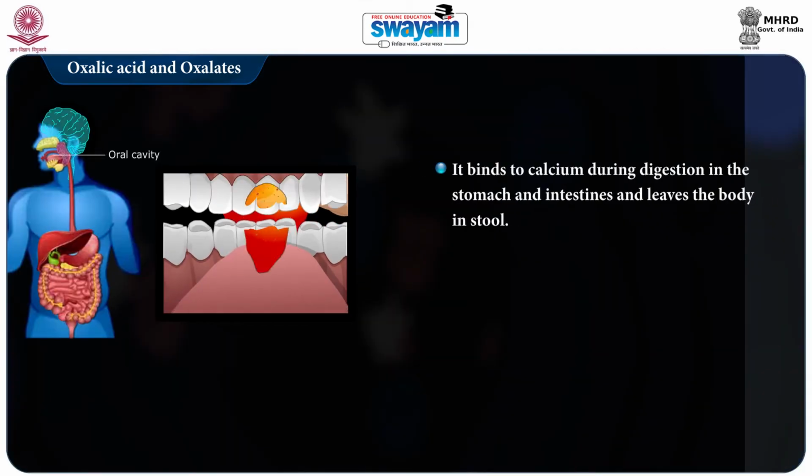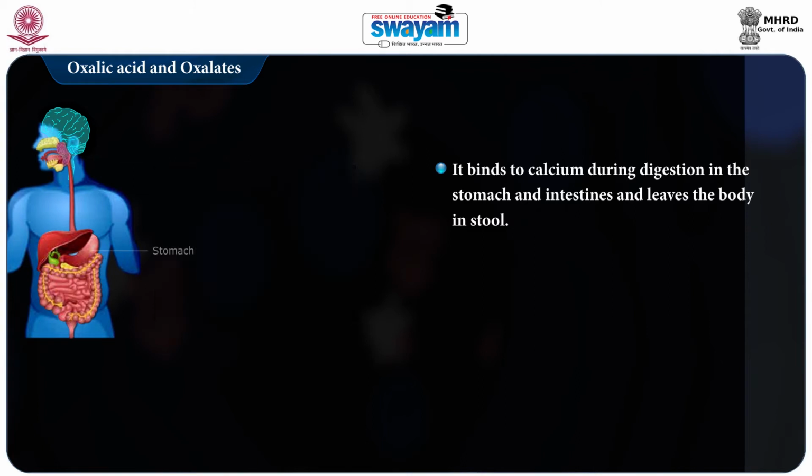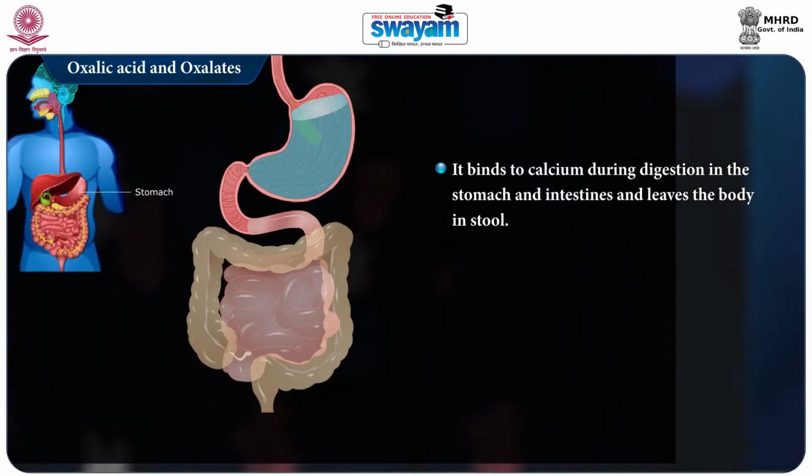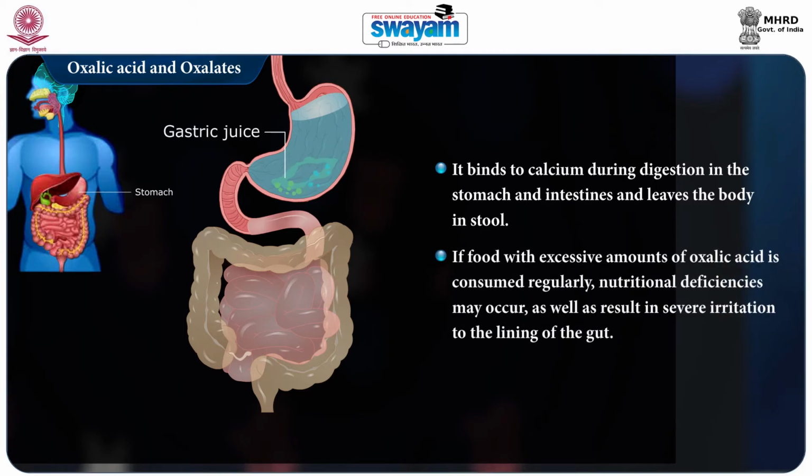It binds to calcium during the process of digestion in the stomach and intestine and leaves the body in the stool. If food with an excessive amount of oxalic acid is consumed regularly, nutritional deficiencies may occur as well as severe irritation to the lining of the gut.